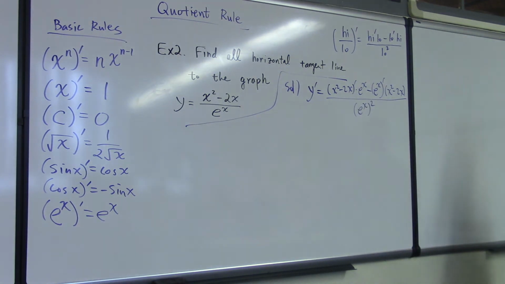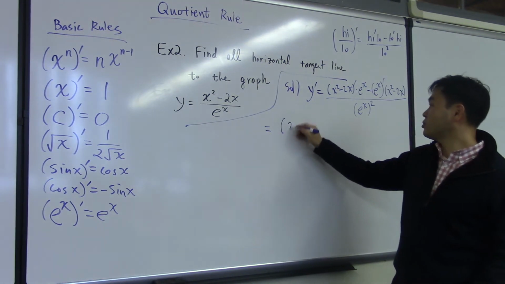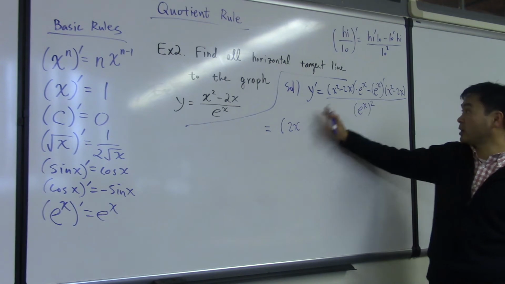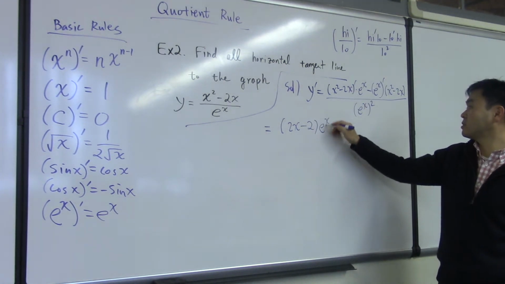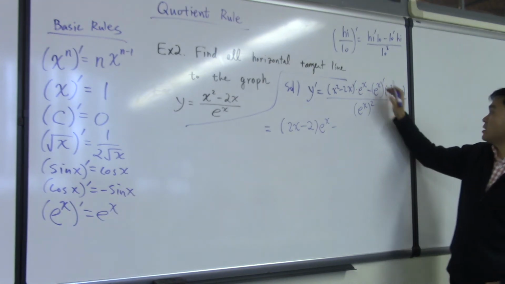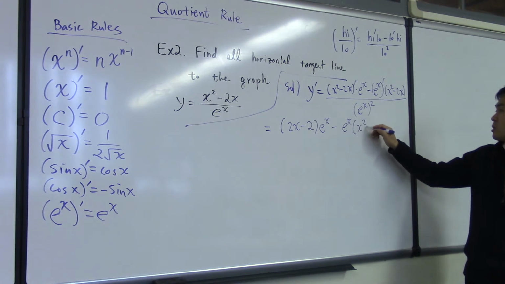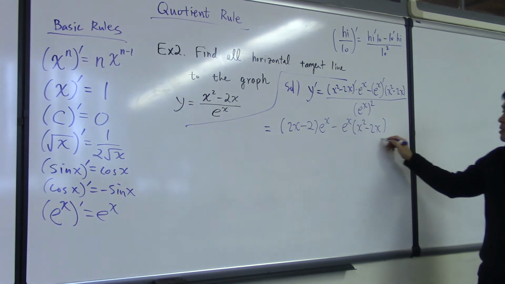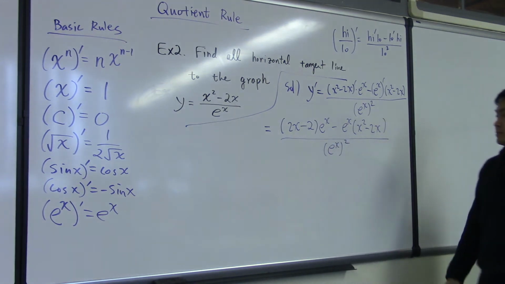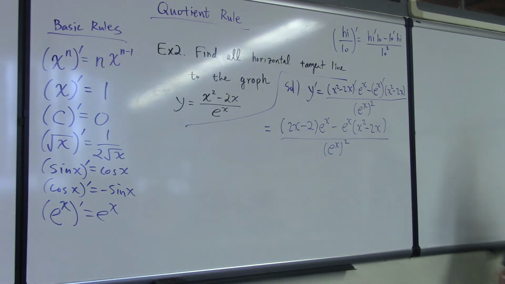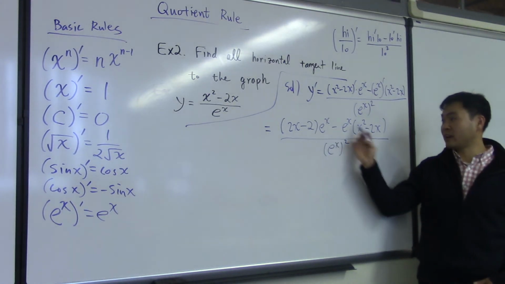Then we get 2x minus 2, since x squared differentiates to 2x and x differentiates to 1, and e to the x prime is just e to the x, times x squared minus 2x, over e to the x squared. Now you can combine these two because you can factor e to the x out.